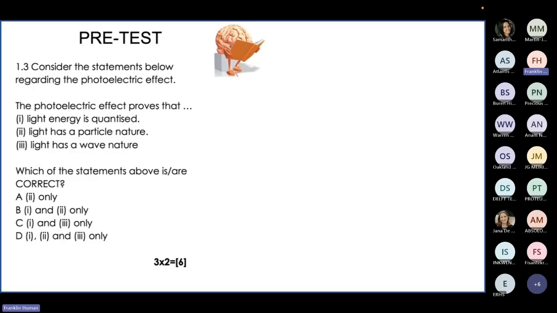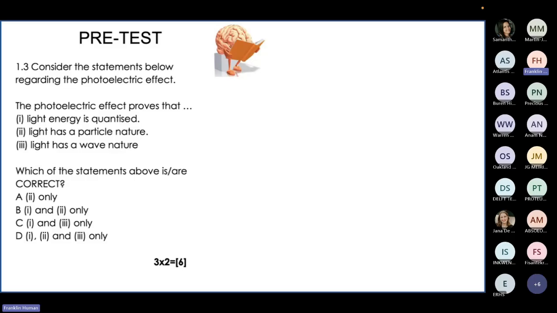However, when we use solar panels, also on the roofs of various homes and different buildings, we are specifically making use of the particle nature of light, because it is the energy in the photons of light that is used by the photovoltaic cells in those panels. The photovoltaic cells change the energy in the photons of light into electricity.